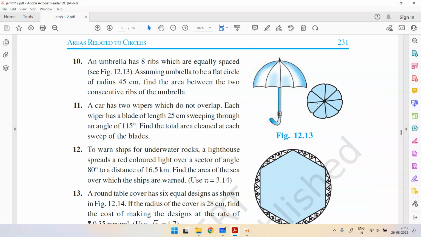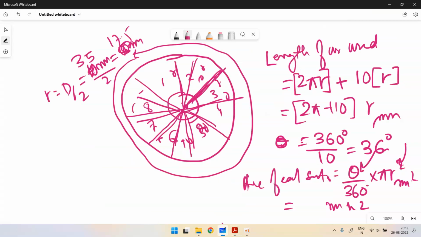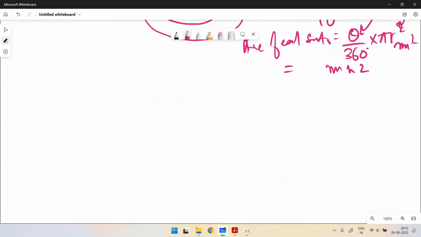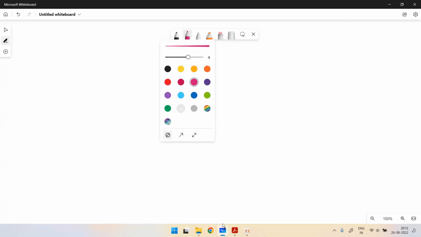See, this is one rib, and the radius is 45 centimeters.